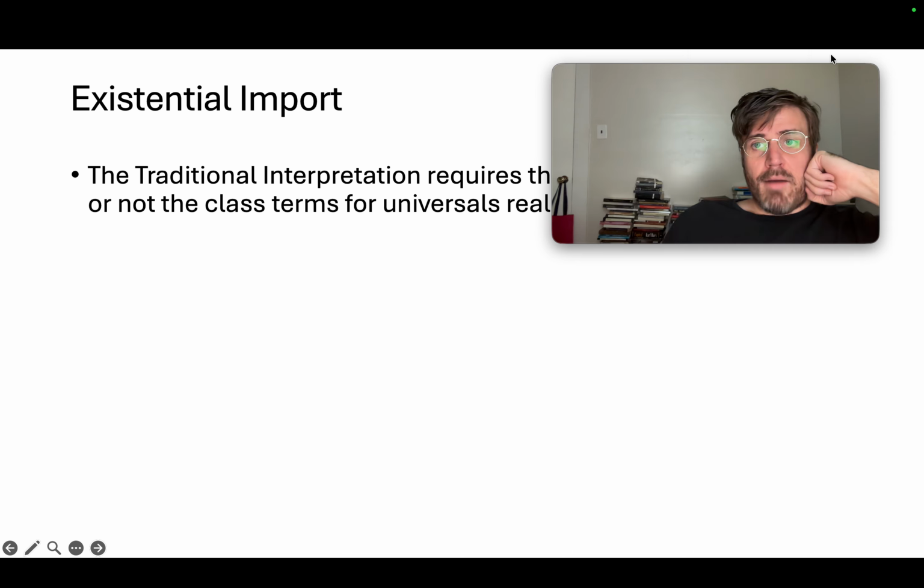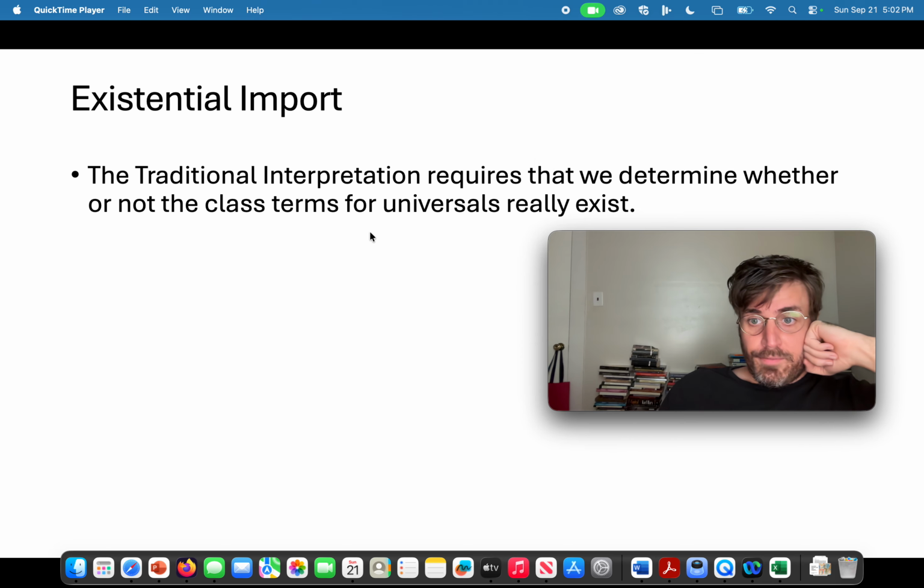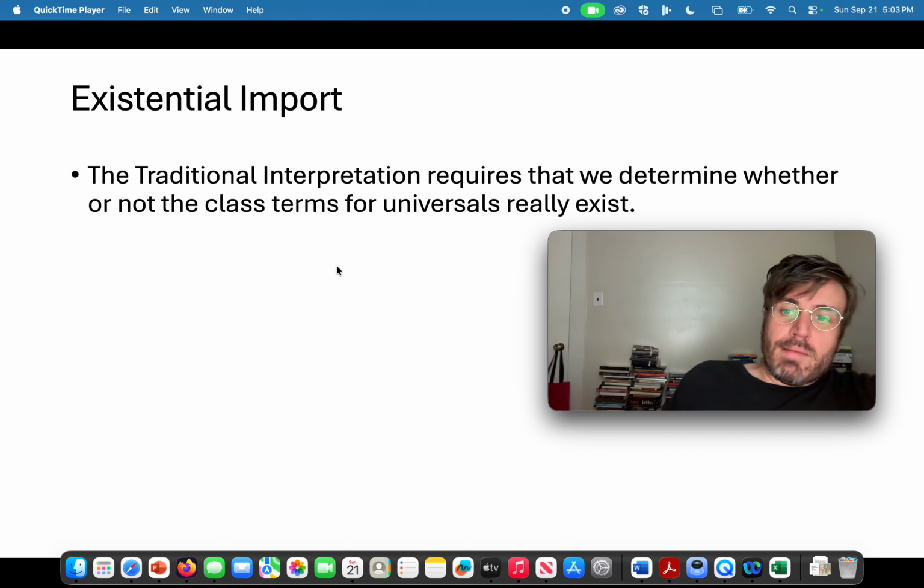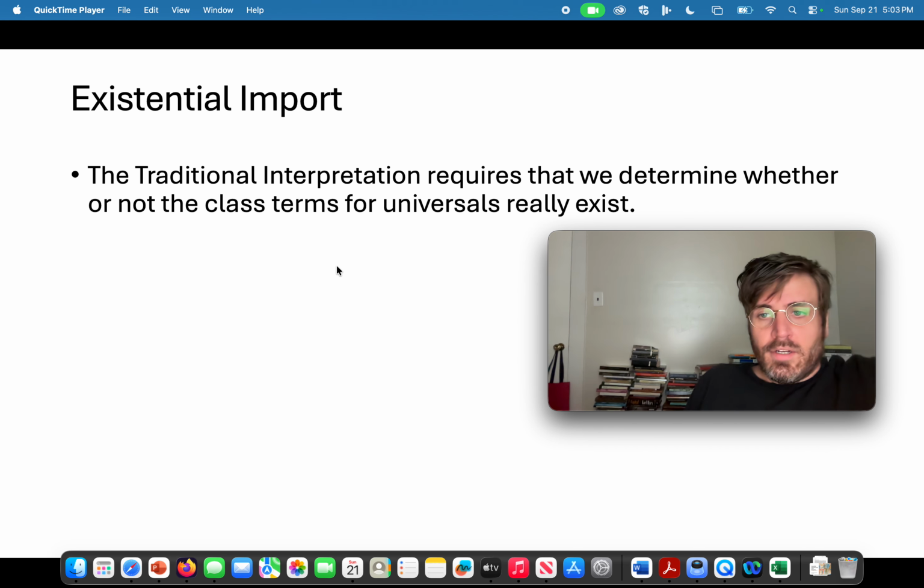In the Aristotelian or traditional interpretation, it is required that we determine whether or not the class terms for universal categories exist or not.